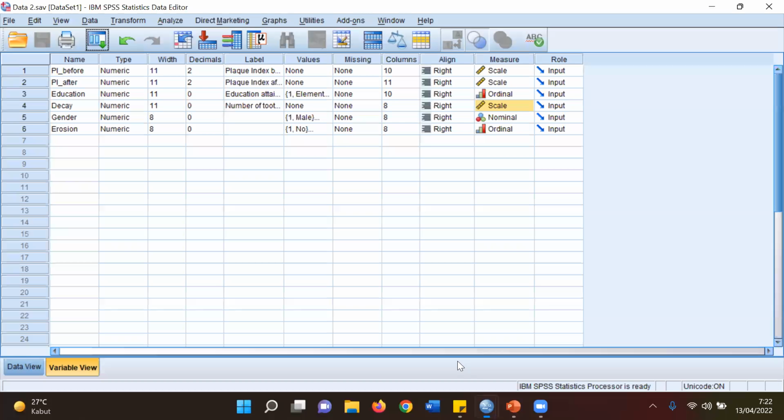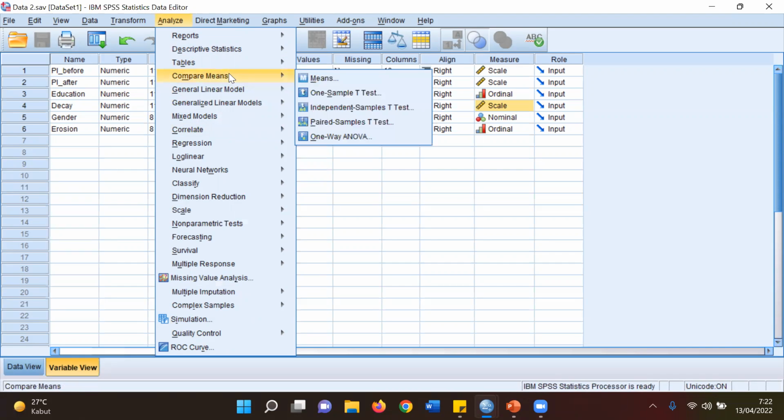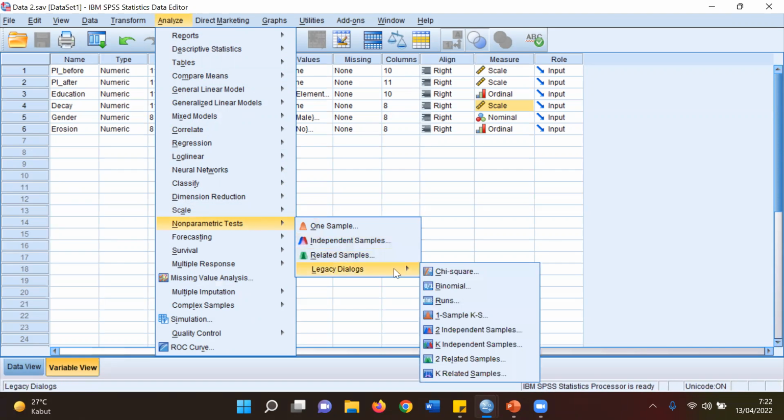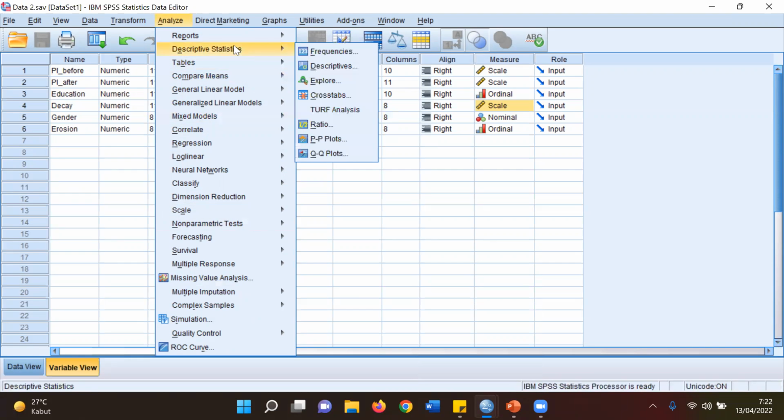Okay, if we go here, you should click Analyze. And then here you have Correlate. So we have done Compare Means for the numerical comparison. And we have done, in the previous video, the non-parametric tests for these four tests. And we have also used the Descriptive Statistics, Crosstabs, for categorical data.